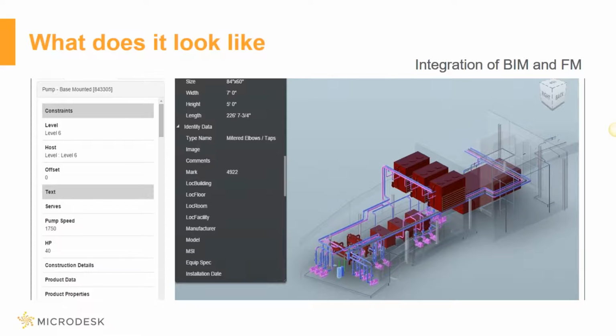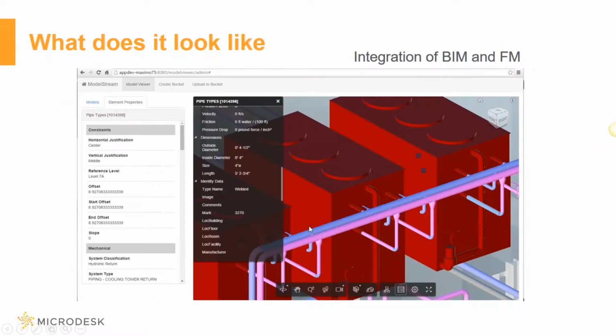Now, as you drill into it, we zoom in and we've got some pretty big blocks here that are representing different pieces of equipment. So again, that level of detail that's needed is shown, but the key thing here is also that we have all of the data associated with that piece of equipment embedded within this lightweight 3D model.